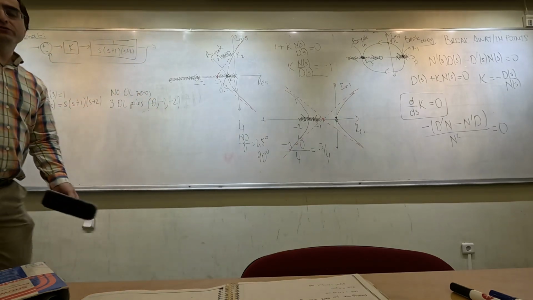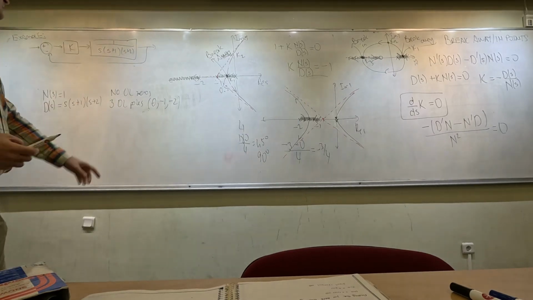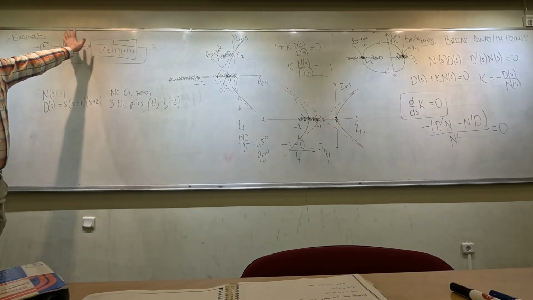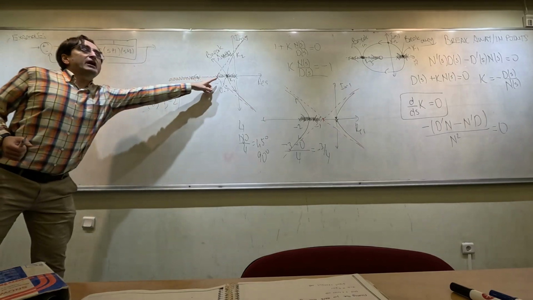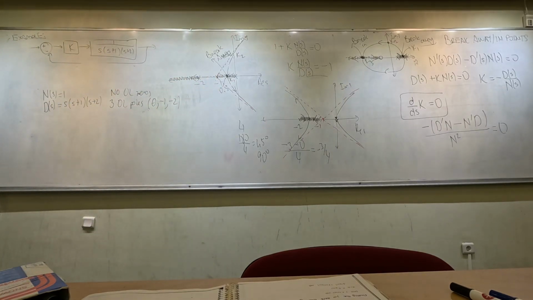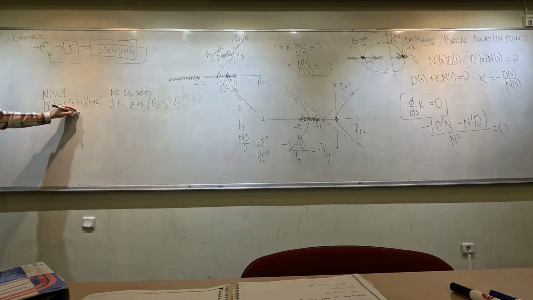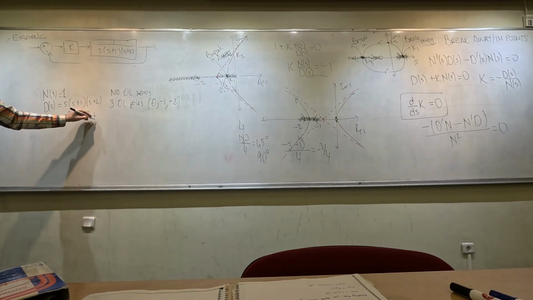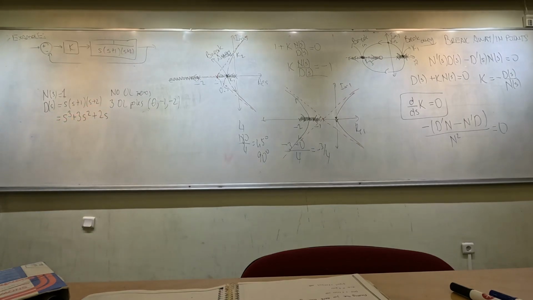So now let us go back to this example and calculate the breakaway point in this example. Okay? For that purpose, I have my n and d given like this. N is 1 here, and d is s cubed plus 3s squared plus 2s. Okay?